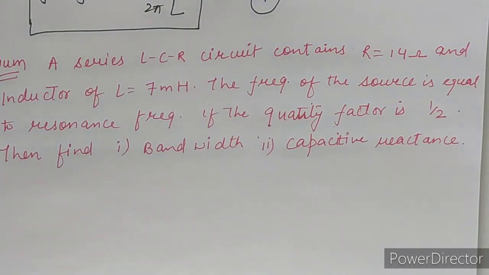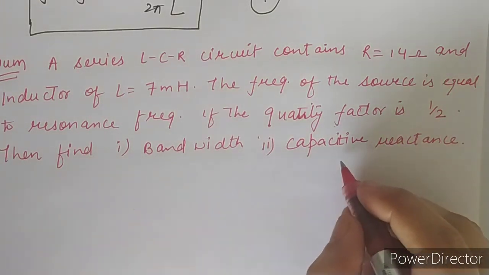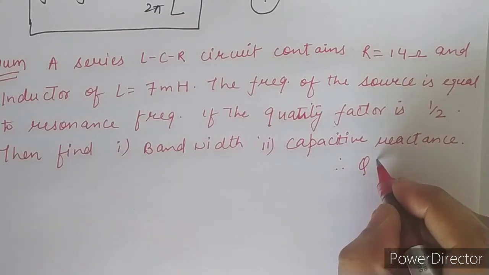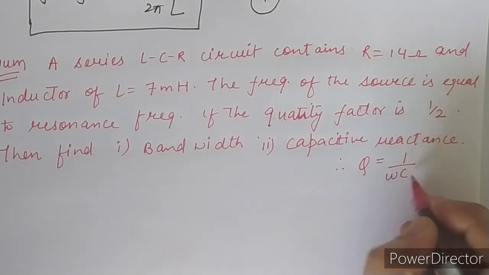Now the quality factor Q is half. I am directly telling you the formula for the quality factor: Q is equal to 1 upon omega C into R.